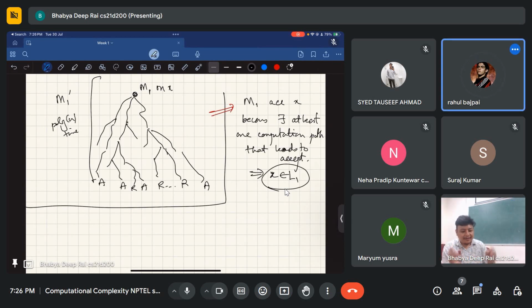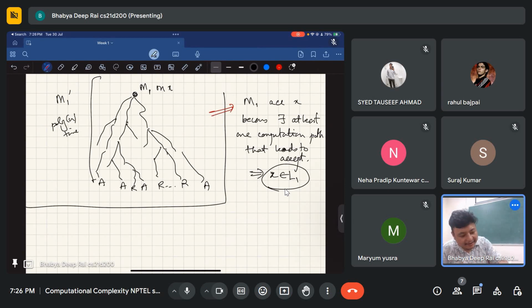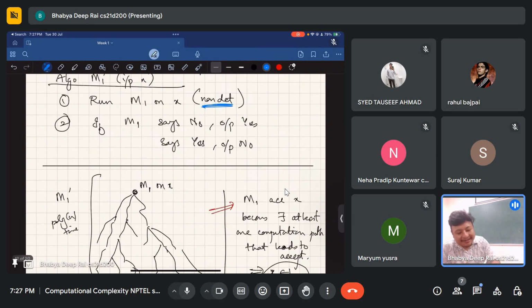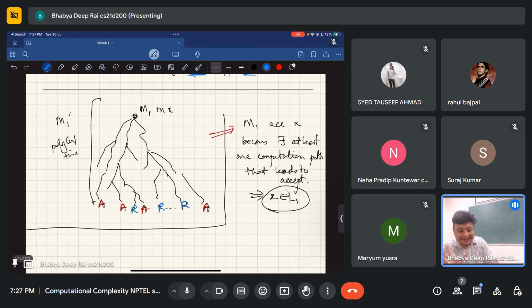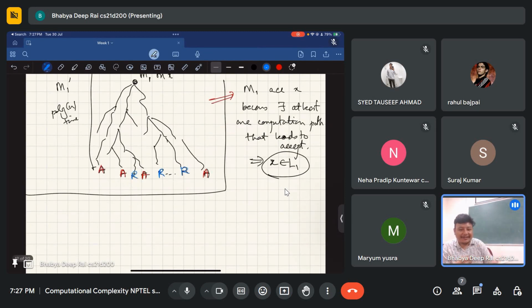Fine. Now let's say it had a combination of accepting and rejecting paths like this. There are accepting and rejecting paths. Now, by step 2, if M1 says no, then we are supposed to output yes. If it says yes, output no. If it says accept, I'm supposed to reject. If it says reject, I'm supposed to accept.